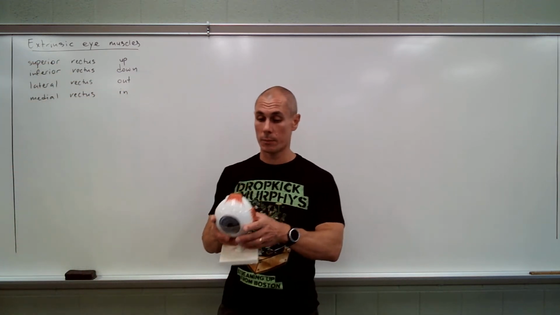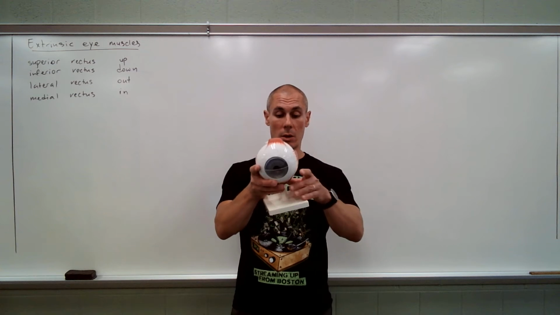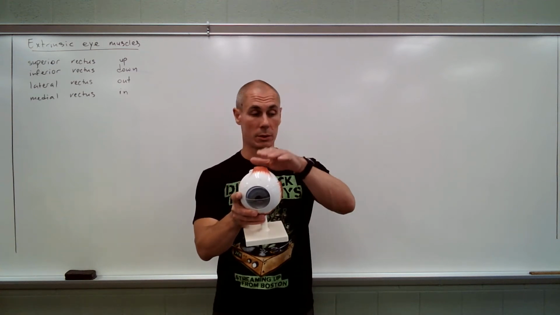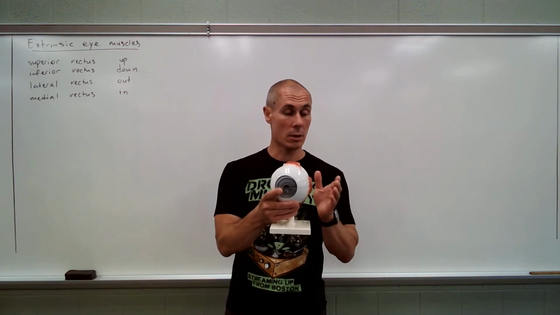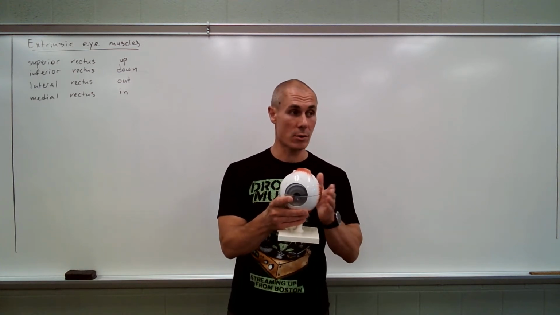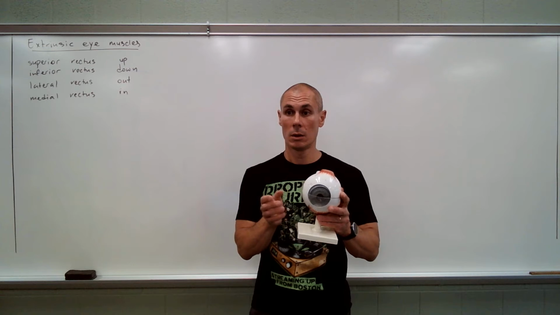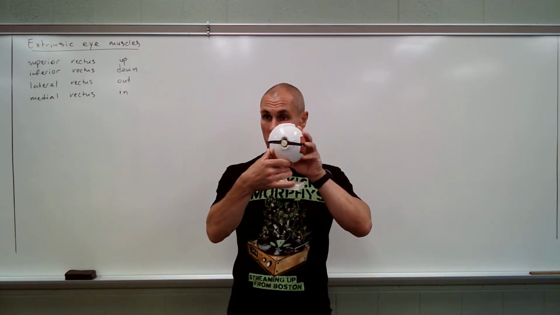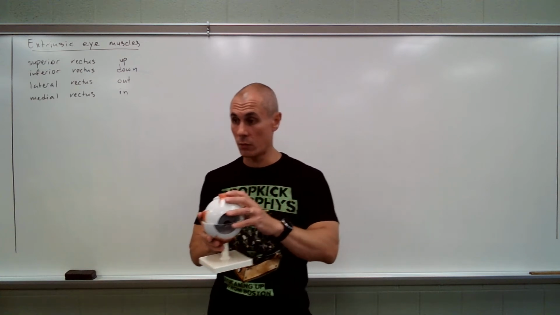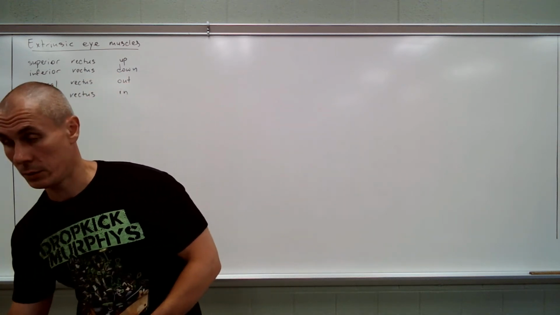Okay, you can see here. So you have 4 rectus muscles: superior, right here, lateral, right here, medial, right here, and inferior, right here. Okay, those are pretty straightforward. You pull on them, you see where the eye goes.